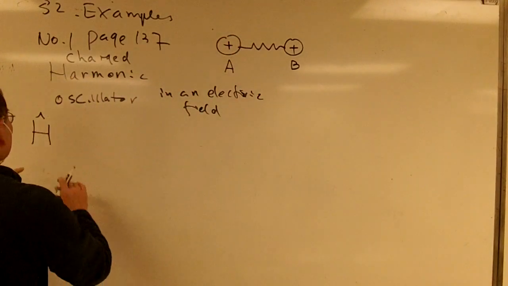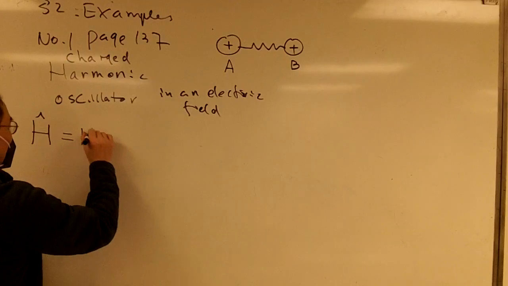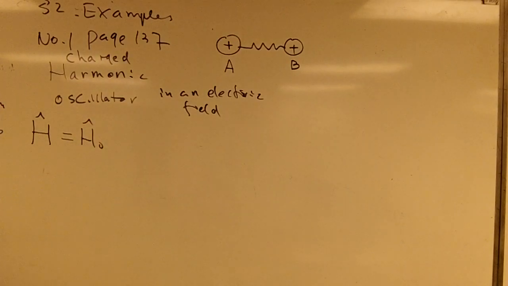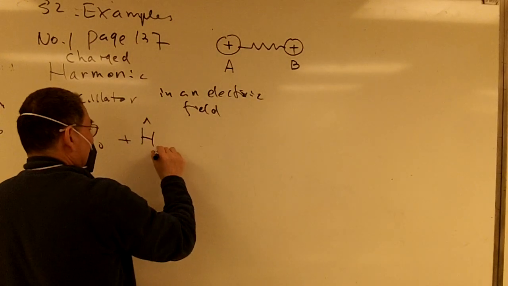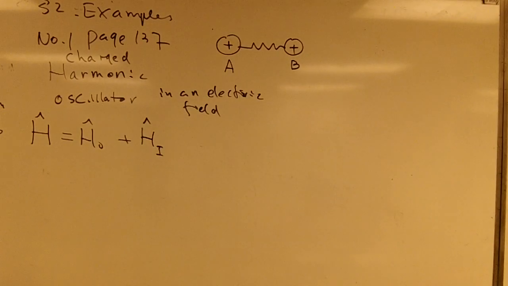So that's why the Hamiltonian has two parts. H naught is the original Hamiltonian for the harmonic oscillator. H hat I is the electrical field which is applied to that.